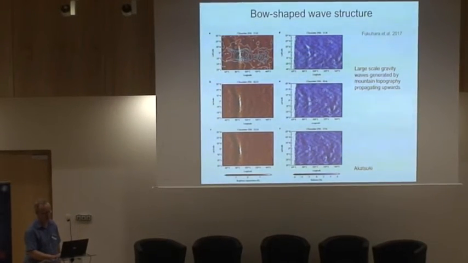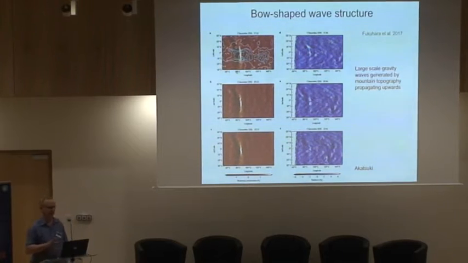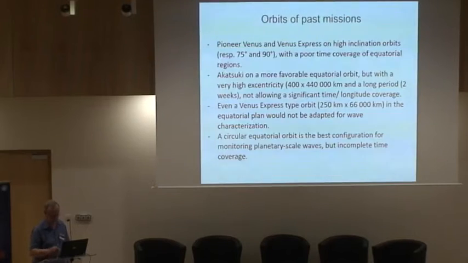It is interpreted as the trace of gravity waves generated by the interaction between the wind and the mountains. And it's very interesting because this interaction can give an idea of the transfer of angular momentum from the solid surface of Venus to the atmosphere. So understanding the bow-shaped wave better is also interesting in this frame.